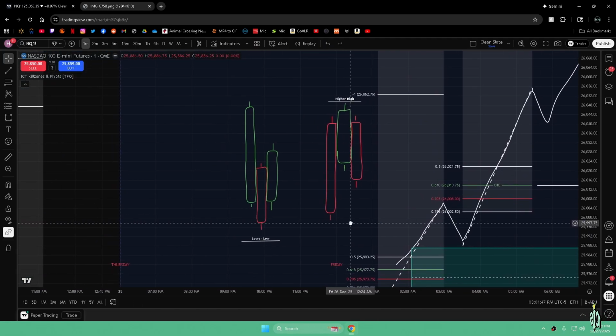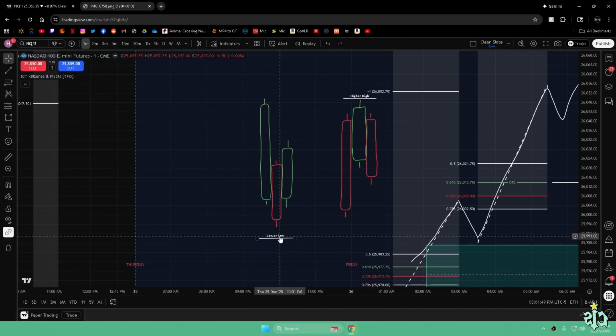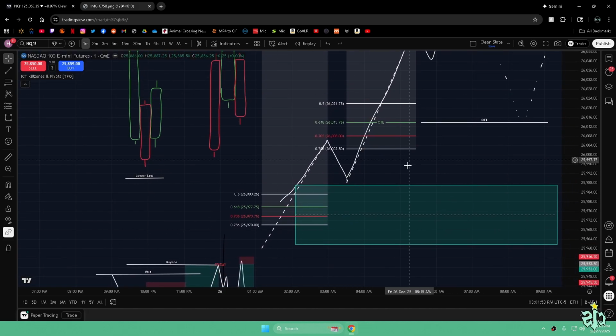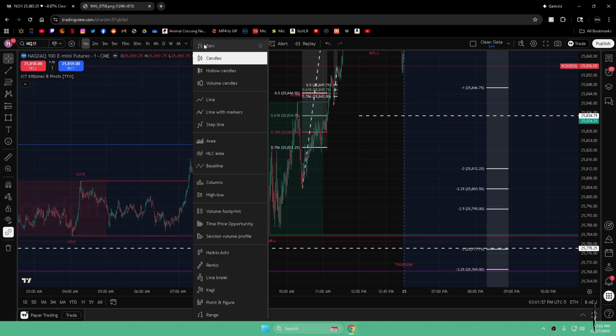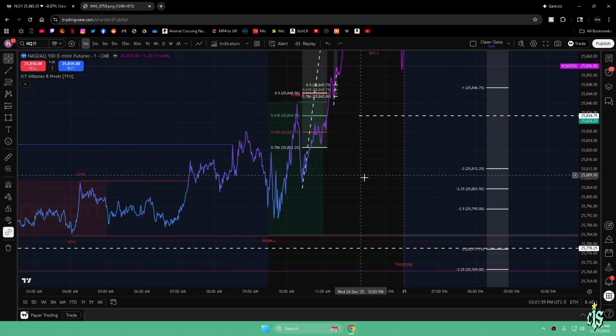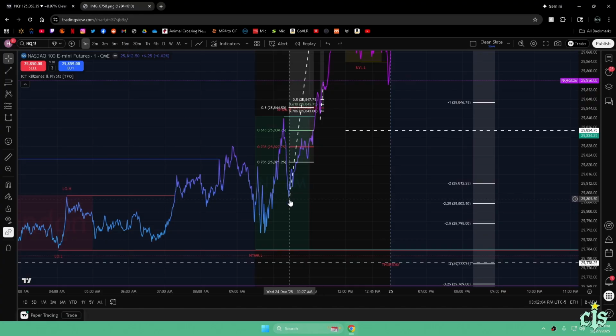Now, like I said, you want to know what a higher high and a lower low is. That way you can find out how to make your range, right? So if you zoom out or even go to a line chart, look at where these points are.